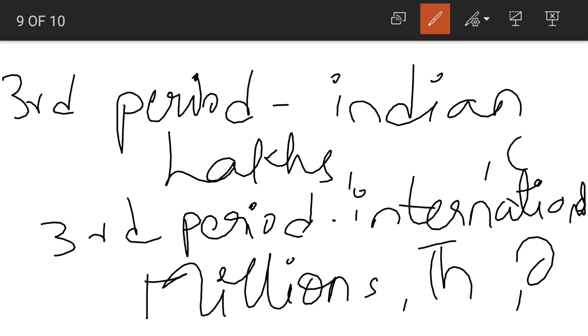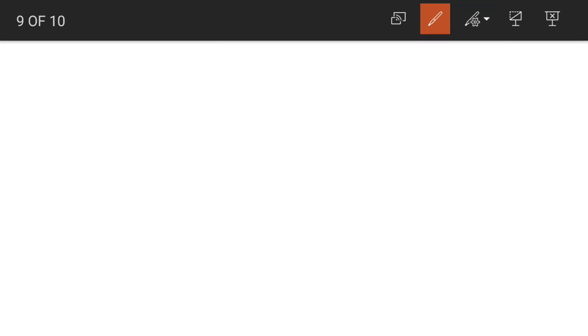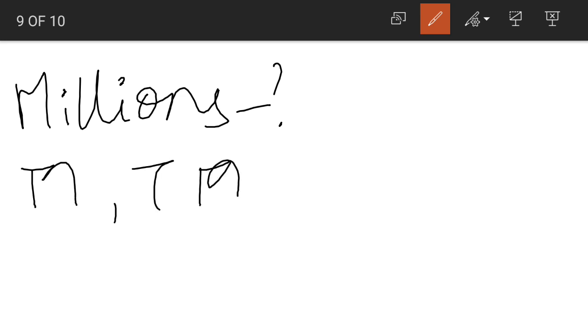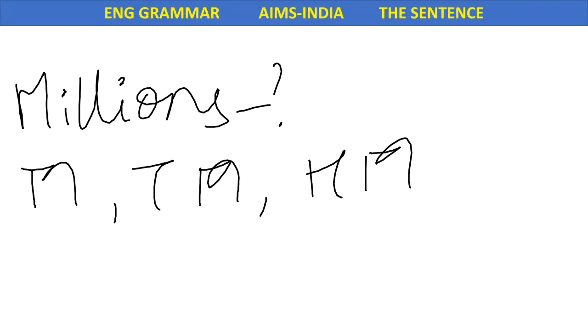In the Indian system, we have the ones period, we have the thousands period, and then we have the lakhs period. And what places are there in the millions period? We have millions, 10 millions and 100 millions.